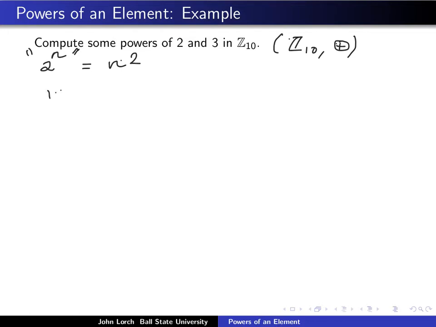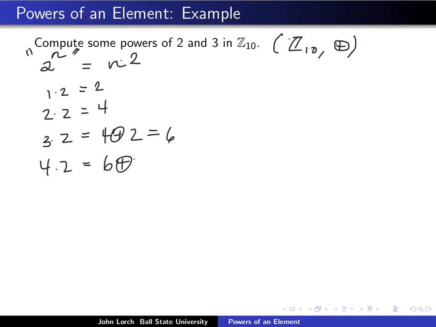So 1 times 2, if we just take a few powers of 2, 1 times 2 is 2. 2 times 2 is just 2 plus itself, which gives us 4. 3 times 2 in this group would be 2 times 2 plus another 2, so that would be 4 plus 2, which is 6. 4 times 2 would be 3 times 2, which is 6, plus another 2, which is 8.